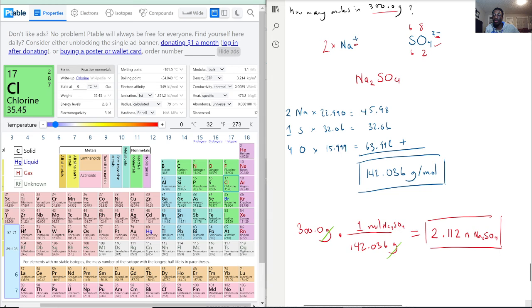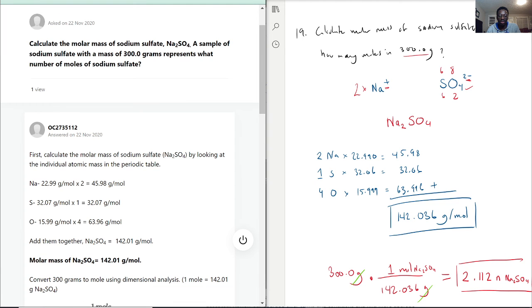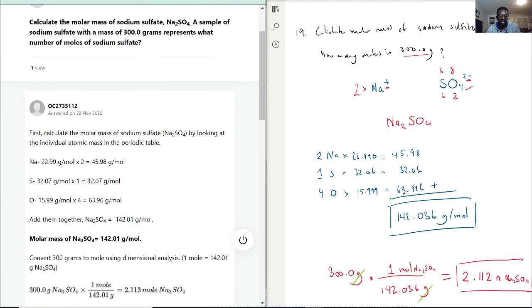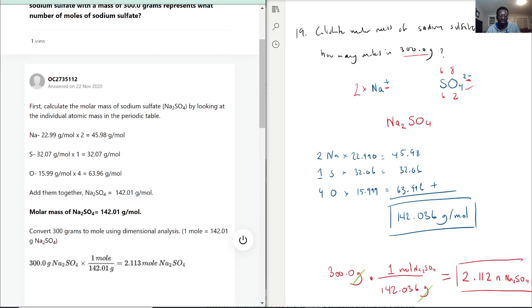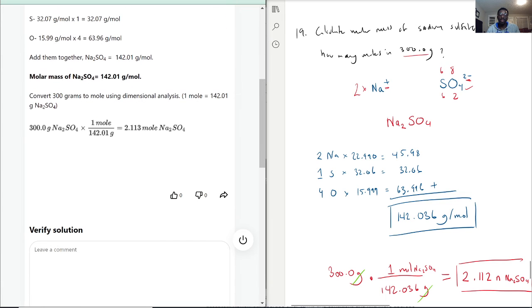So let's see how we did. It's like they added the constituents. They got 142.01 only because their oxygen was 15.99 and not 15.999. Sulfur was 32.07. So just a little bit of variation here and there based on the numbers that we used. Then they divided the 300 by that amount, and they got 2.113, which is very close to ours, so it's still correct.